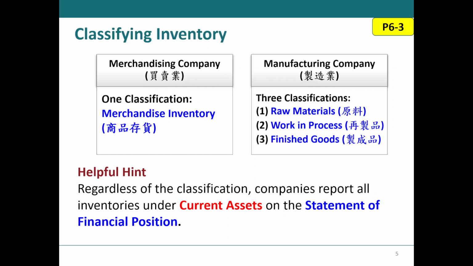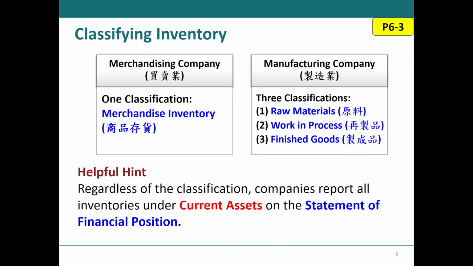While still in the middle of the production process, we call it work in process. After finishing the whole process, the products come out, we call it finished goods. So for manufacturing companies, they have three inventories based on the process. At the beginning, raw material. In the middle of the process, work in process. Finally the products come out, we call it finished goods.